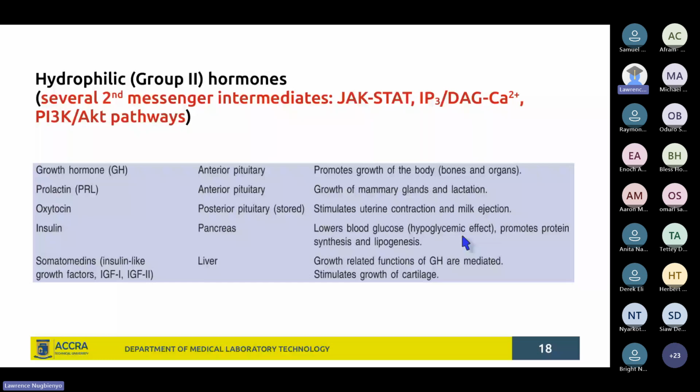Now, the third subclass makes use of different molecules or different systems, some of them even a combination, as second messengers. We've looked at this already, which is the inositol triphosphates, diacylglycerol, calcium ion system.